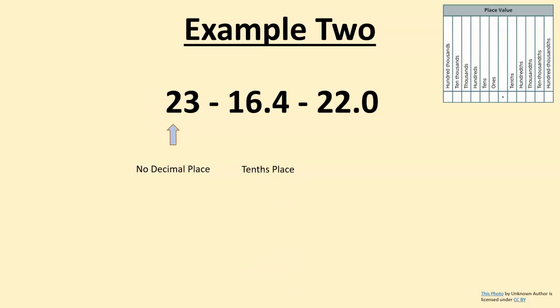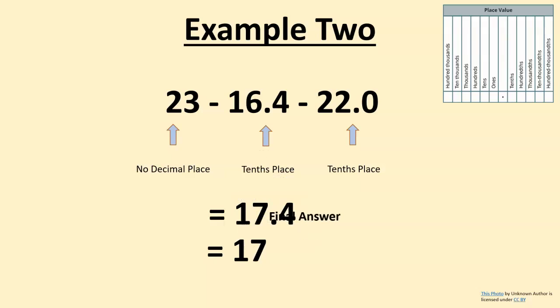That 16.4 falls in that 10th decimal place, and then the 22.0 also falls in that 10th decimal place. Let's plug those figures into our calculator, and we get 17.4. Now we're going to the no decimal place because it is the least accurate or least precise number in our given problem. So 17 will be our final answer.